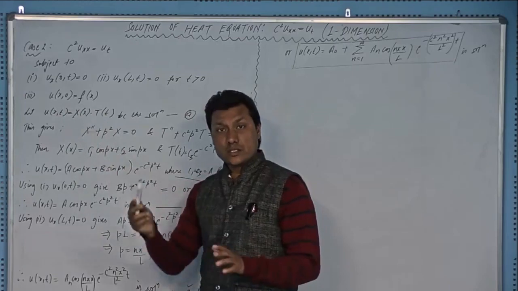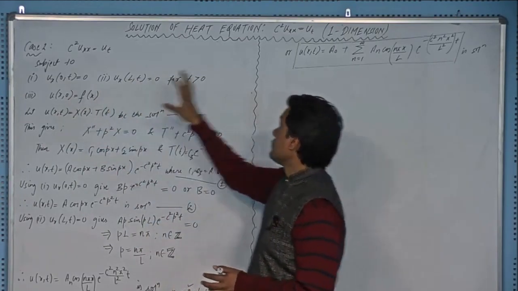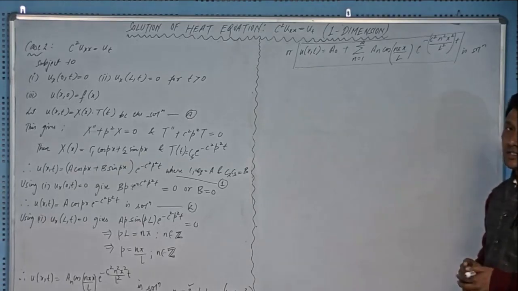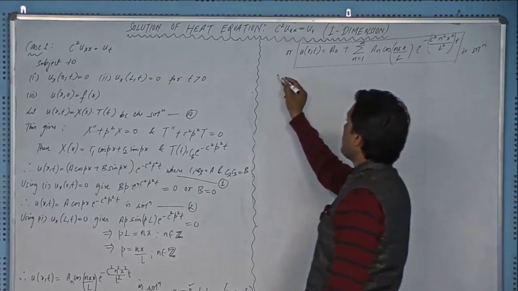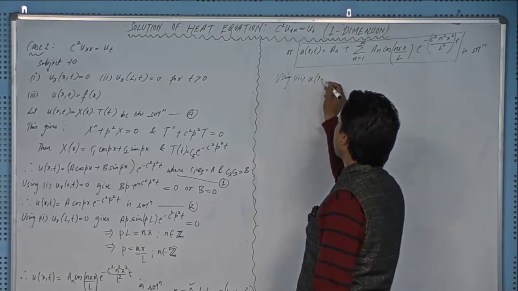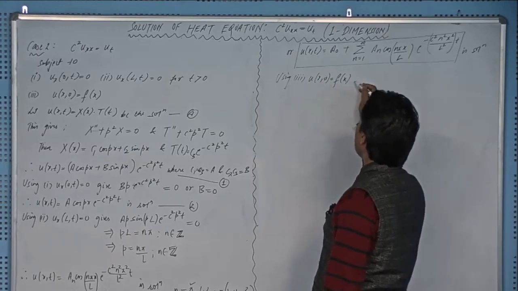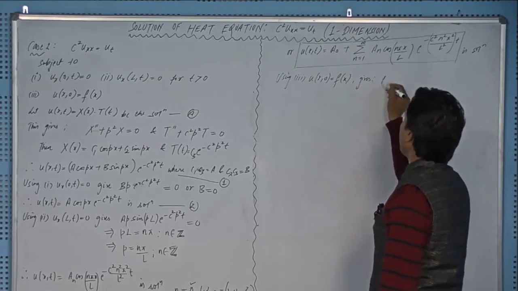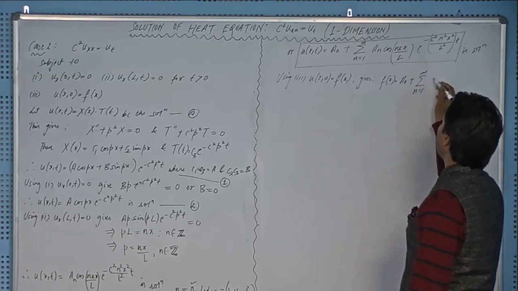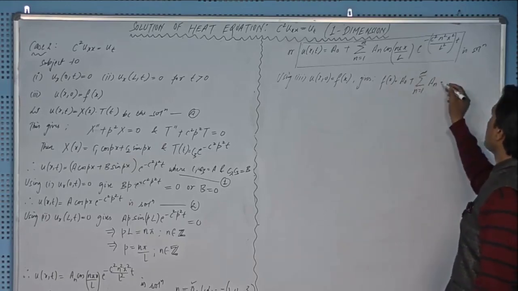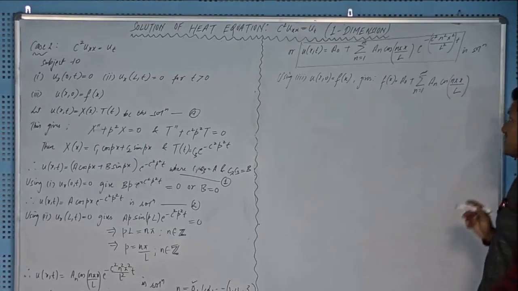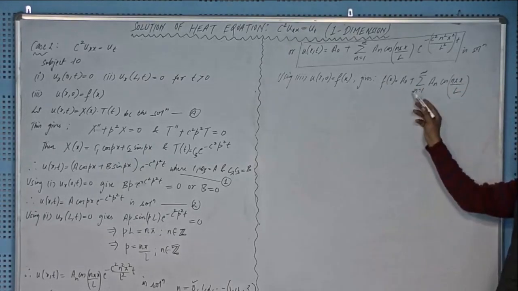To use that third condition, if I put u(x,0), that means t is equal to 0, this will be replaced by f(x), then I have to use again that Fourier series. Using the third condition, the initial condition, u(x,0) equal to f(x), that will give me f(x) equal to a naught plus summation n equal to 1 to infinity a n cos(n pi x over L).